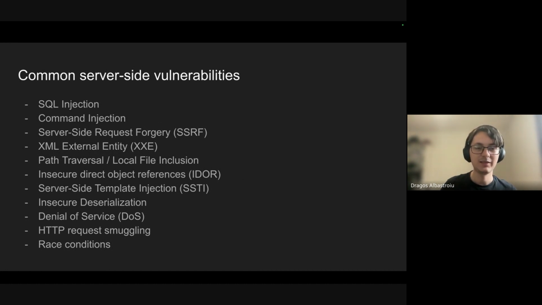It's not a complete list. There are many other types of attacks, but just talking about all of them will take a lot of time. And I think for this presentation, just going through everything that is on this list will be very helpful to get you up to date with what are the most common types of server-side vulnerabilities.